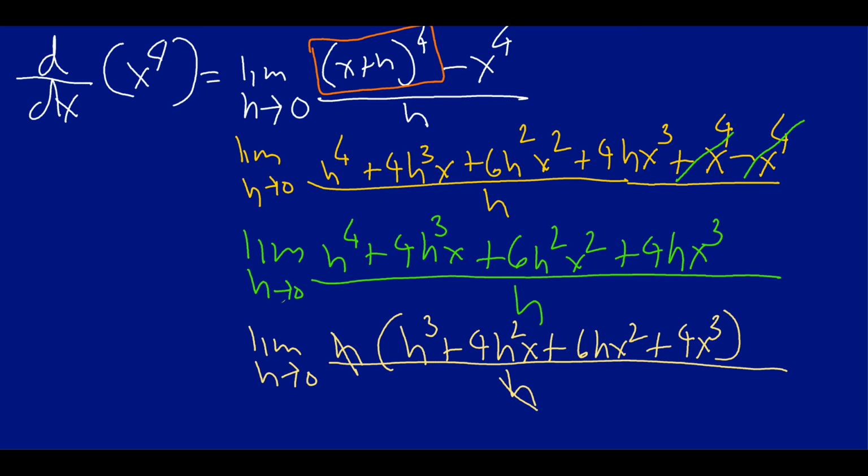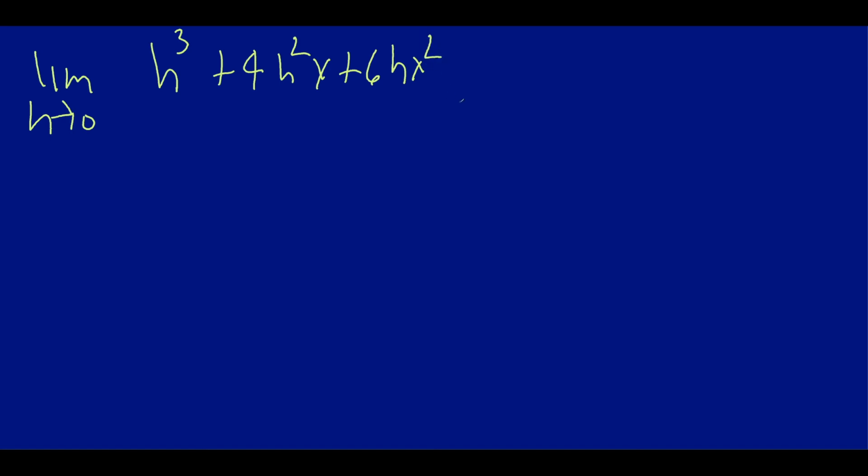And so now I have the limit of h approaching 0, and it's going to be worked out as follows. h to the third plus 4h squared x plus 6hx squared plus 4x to the third.